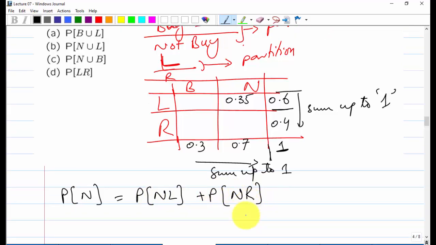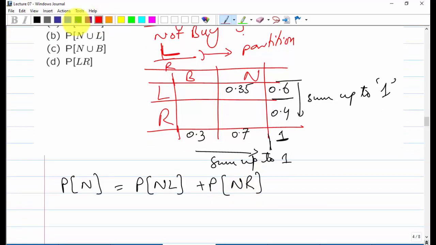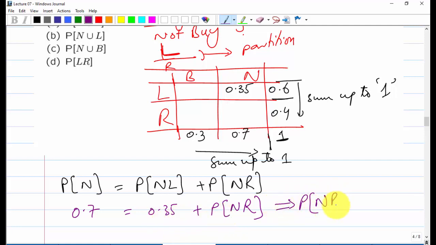Now as we have these values which are given, probability of not buying is 0.7, probability of N intersection L is 0.35, plus this is unknown. So from here we can see that probability of not buying and leaving rapidly is 0.35. So here we can see 0.35.